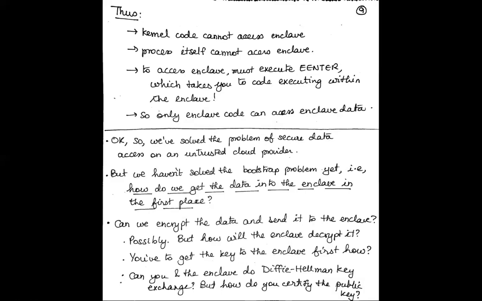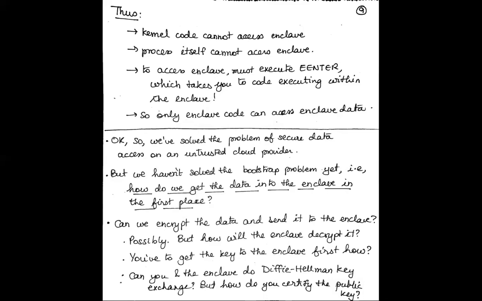So if you think back to our key exchange protocols, maybe you and the enclave can engage in a Diffie-Hellman key exchange and generate the key that you're going to use for your encryption. But remember that even the Diffie-Hellman key exchange at its heart was a public key-based scheme where there were some public parameters. And those public parameters also need to be certified.